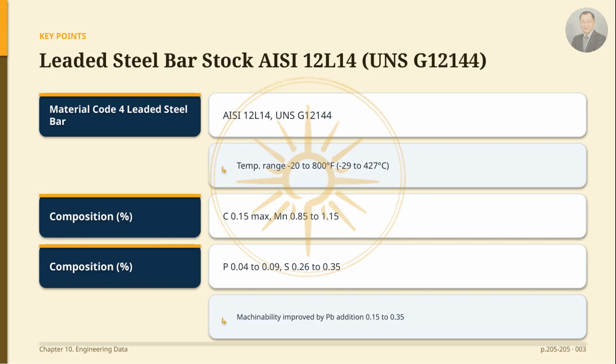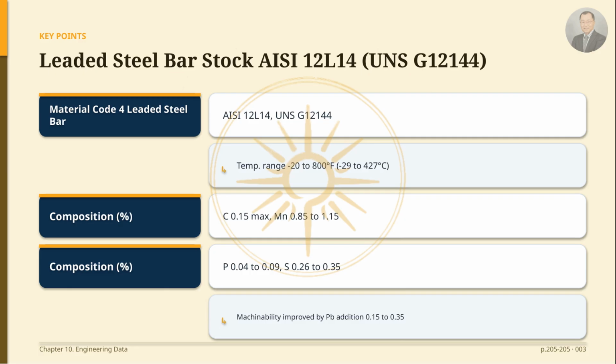The composition includes a maximum of 0.15% carbon and 0.85% to 1.15% manganese. Notably, phosphorus is set higher than general steel at 0.04% to 0.09%, and sulfur is at 0.26% to 0.35%.